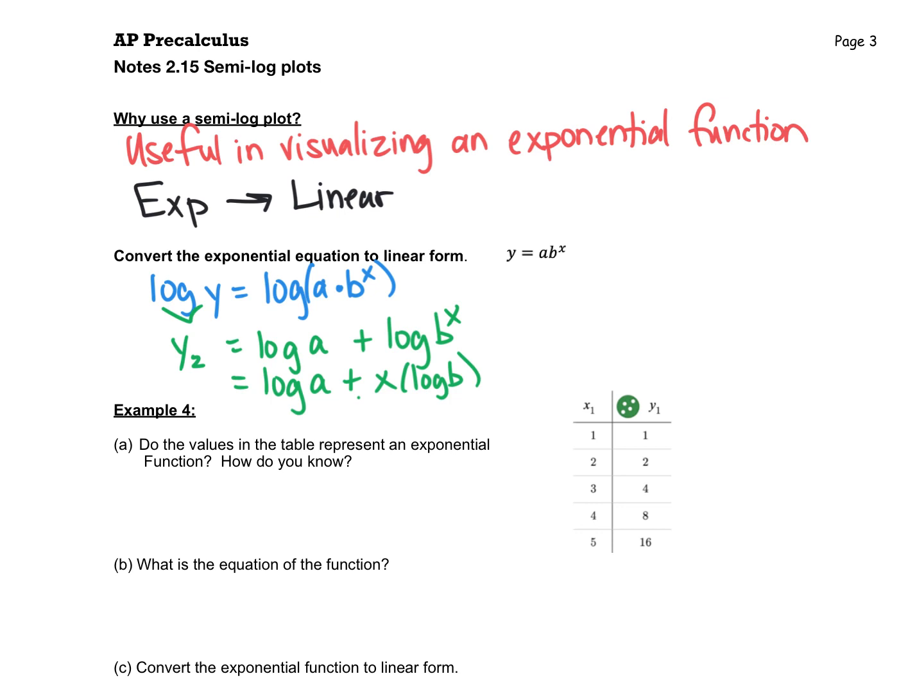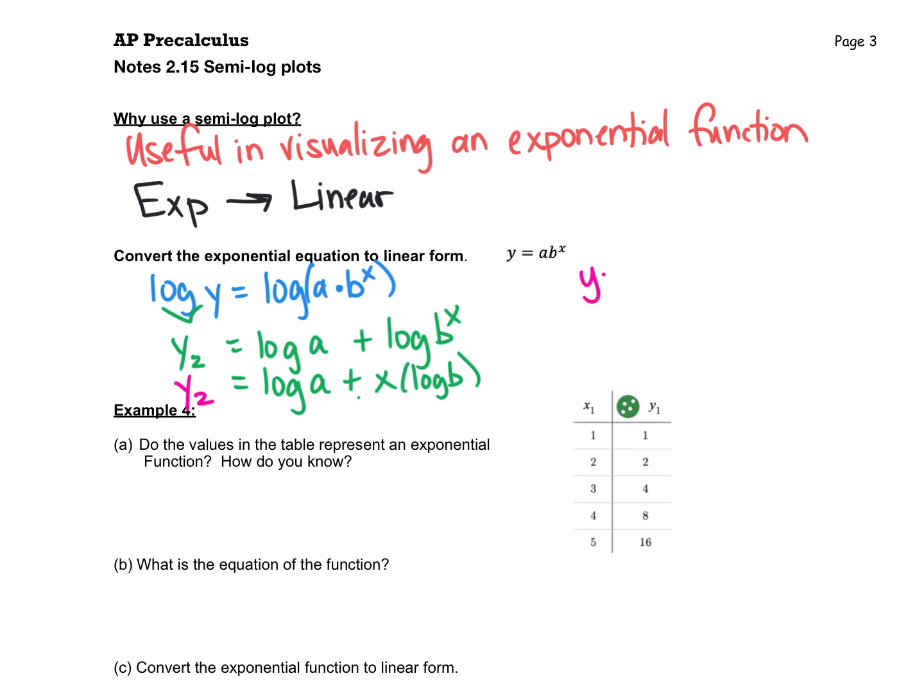Now I want you to look at what we have left. I've got this equation, y2 equals log a plus x times log b. Remember, log a is a number. Log b is a number. So what form is this equation now in? y equals mx plus b, or b plus mx, right?